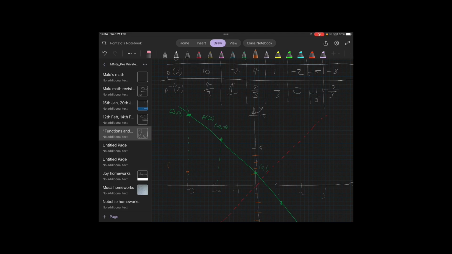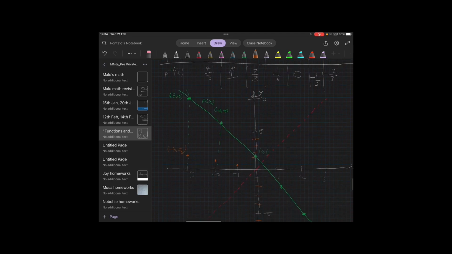So somewhere there. That's -3 is to 4 over 3. Then the next one at -2, we've got 1 exactly. At -1, we've got 2/3. So somewhere there. At x equals 0, we've got 1/3.